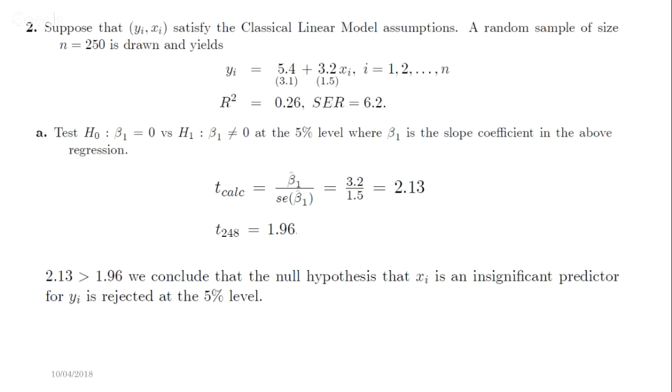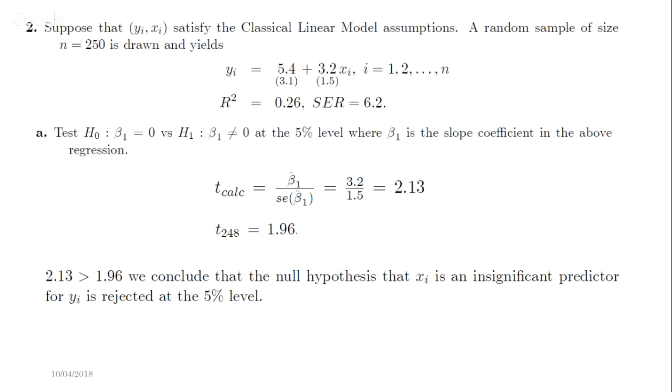This is a repeat of what we just did. We calculated beta 1, 3.2, divided by standard error 1.5, equals 2.13. The critical value at 240 degrees of freedom is 1.96. Again, the table maximum just now was 120, so for anything more than 120, we just take the value at the bottom, 1.96 at 5%.